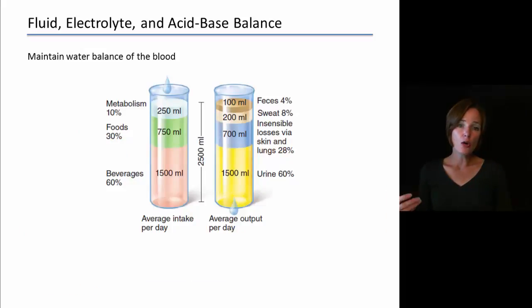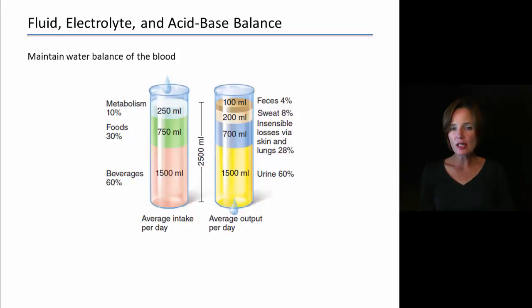Now, when we talk about our water balance, we have basically an intake of water every day, and then we also have an output of water every day. And it is important that we balance our intake with our output so that we do not become dehydrated. So you can see that the intake of water, for the most part, is from things that we are consuming. So about 60% of our intake is due to beverages that we drink.